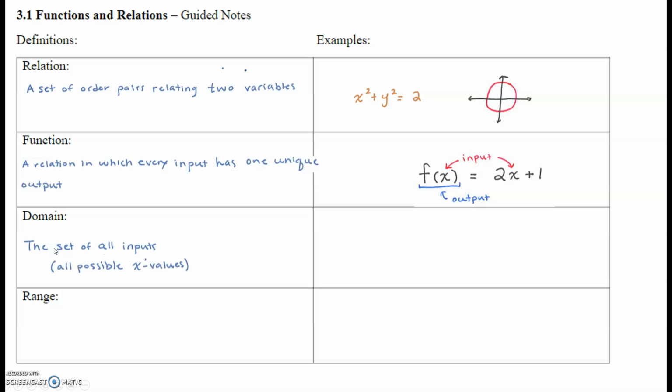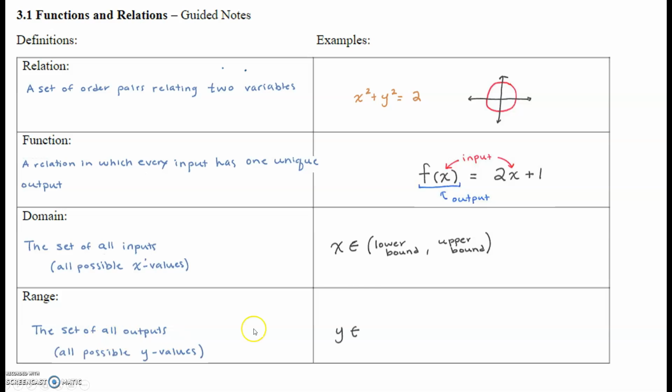Domain is the set of all inputs. So all your x values, and we write it with x. And then this little e here is saying the element. So x is the element, and then you write your lowest number and your biggest number. And then the range is the set of all outputs, so all your possible y values, and you write it similar.